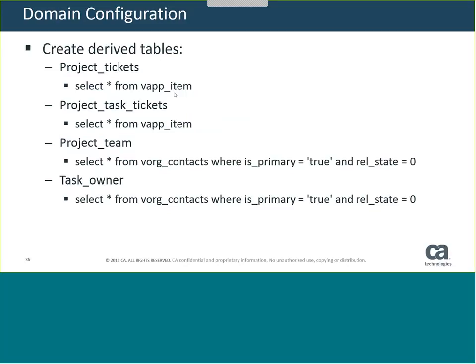Same thing goes to contacts. Projects have a project team, which I'm bringing from VR contacts, and tasks have a task owner, which I'm bringing from the same VR contacts table. I'm just filtering this using this primary because I want to bring all users only once and bring their primary organization.